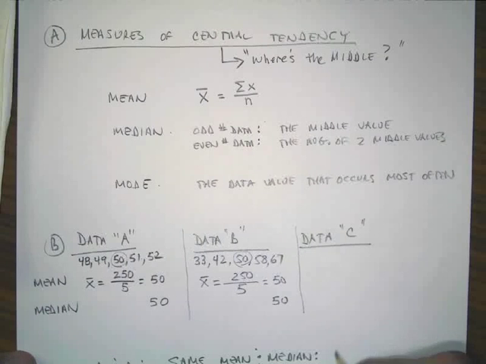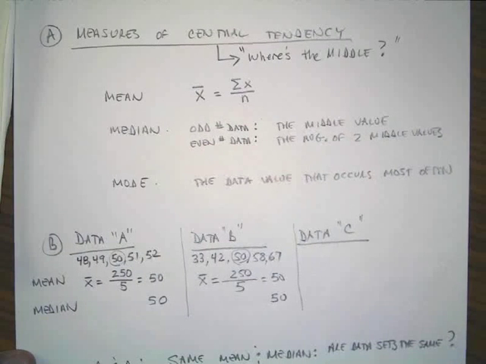So the question is, if you looked at the mean and the median, saw they were the same, you could ask yourself, are the data sets the same? What do you think? Well, I think the answer is no, they are not the same.